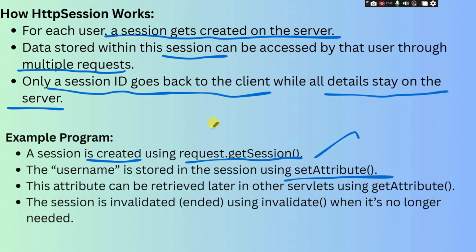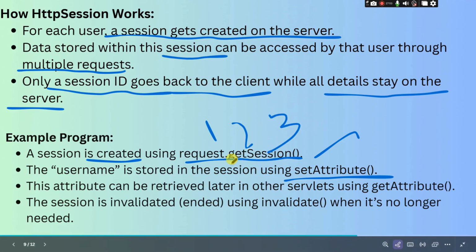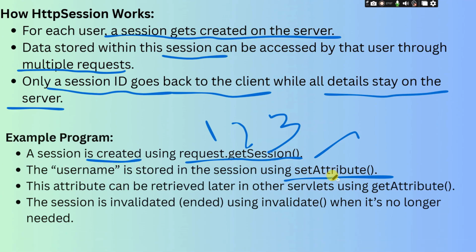We are creating a session ID, for example 123. A session ID will be created automatically by giving this command getSession, and all the user information is stored under this setAttribute. For example, username, password, and other information, whatever the client is giving, is stored by using this setAttribute.